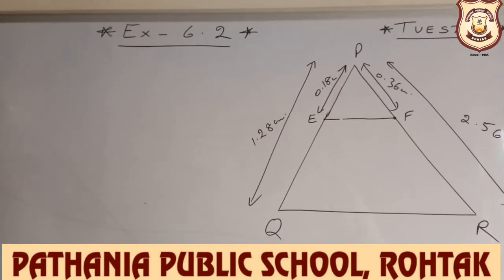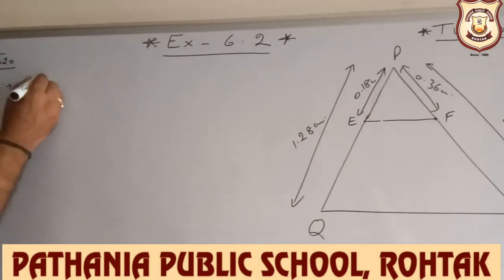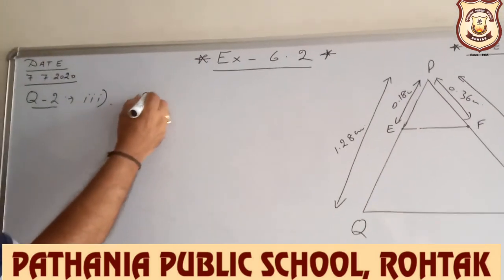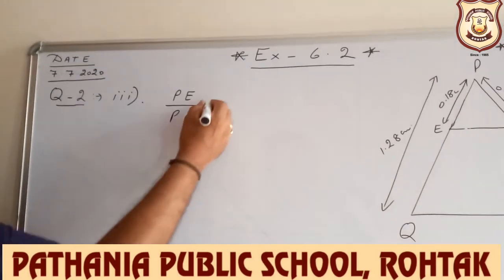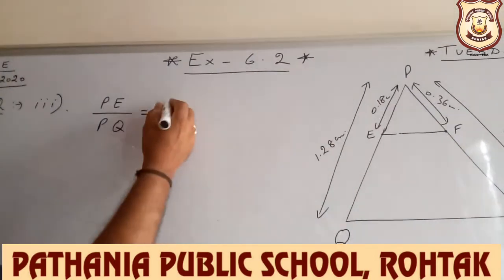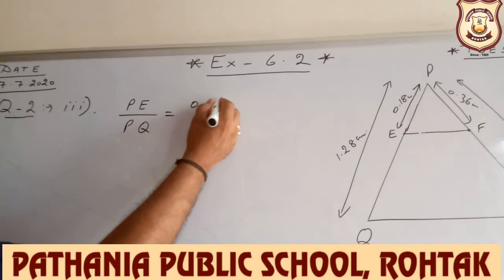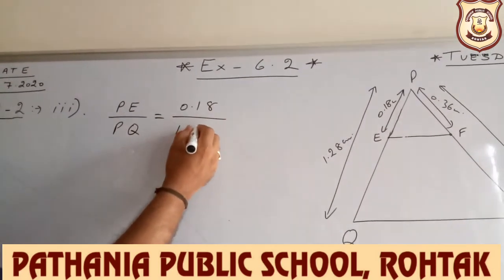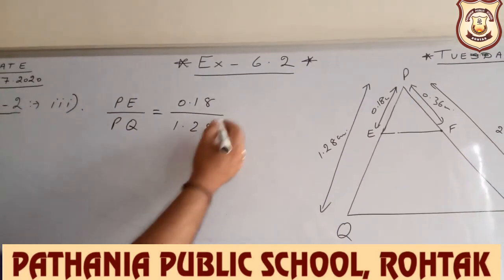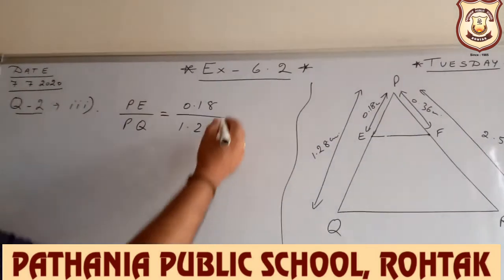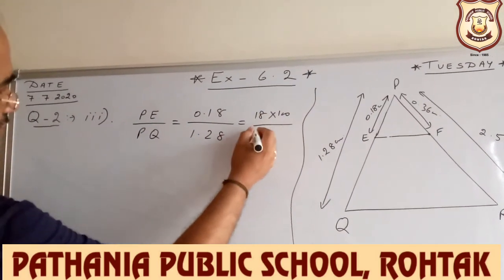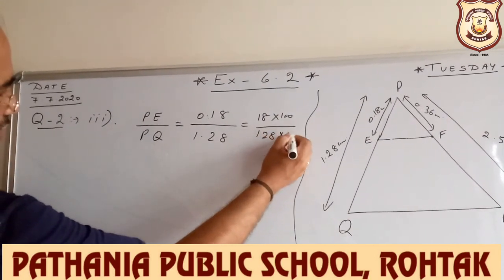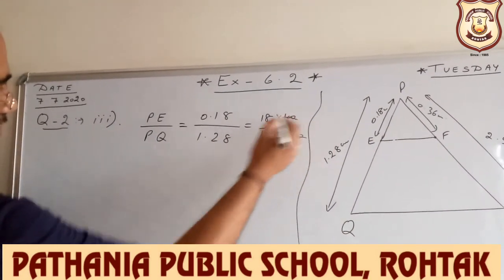So we will find the ratios. PE upon PQ is equal to 0.18 upon 1.28. This you can write as 18 into 100 upon 128 into 100. 100 cancels with 100.